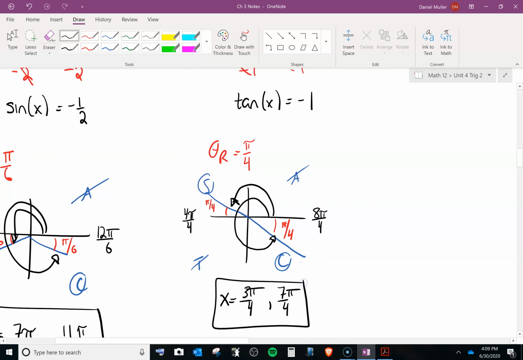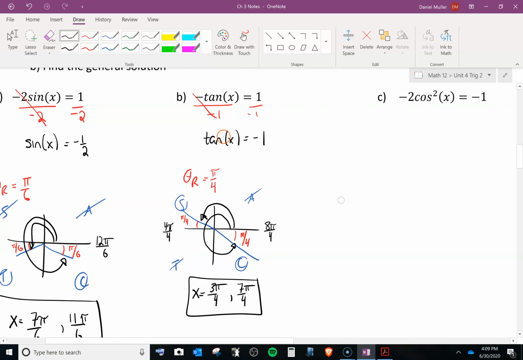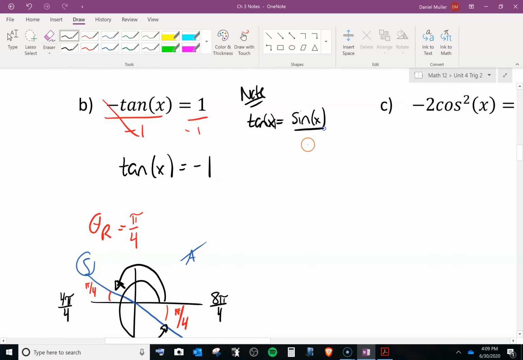Now it's worth noting, make a little note here, tan of x, as a reminder, is sine of x over cos of x, and cos of x is on the denominator. So cos of x, this whole denominator, as a restriction, you're never allowed to divide by 0.